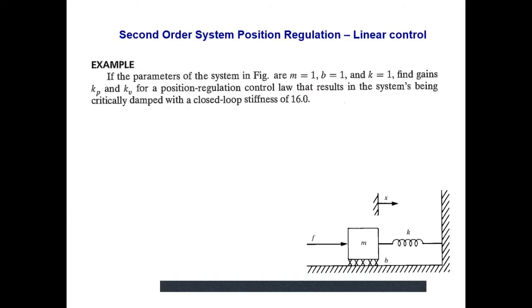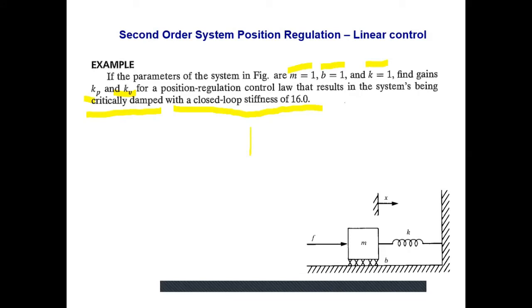Let's solve a numerical example. In this numerical example, the mass value is 1, the value of damping is 1, and the stiffness coefficient is equal to 1. We have to find the gains Kp and Kv for a position regulation control law that results in the system being critically damped with a closed loop stiffness of 16.